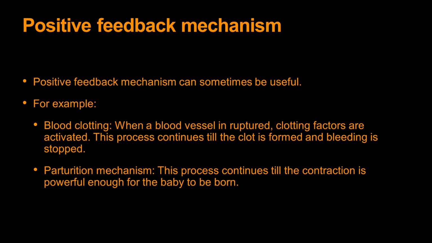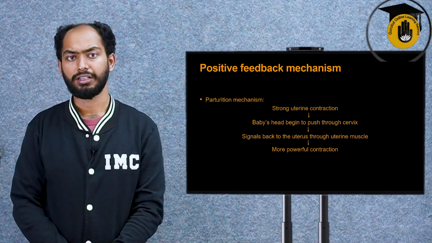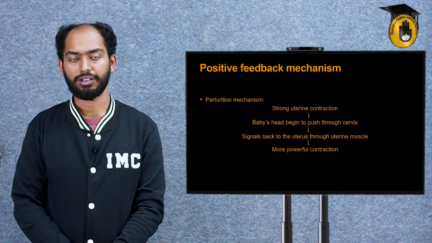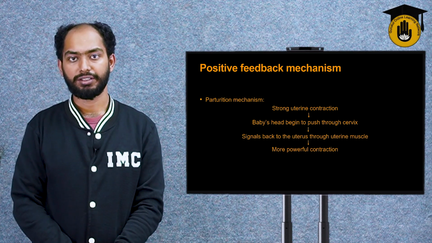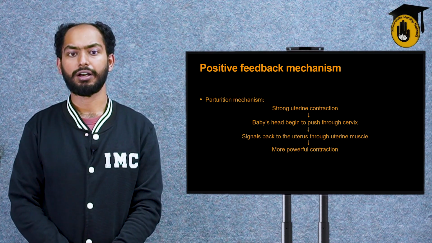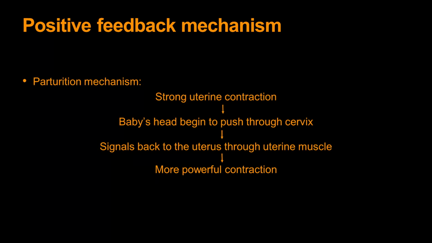And then the parturition mechanism. Parturition means the process of giving birth to a child, as our mothers gave birth to us. When the uterus starts to contract, the positive feedback mechanism gives it a boost, and the uterus will contract more forcefully.